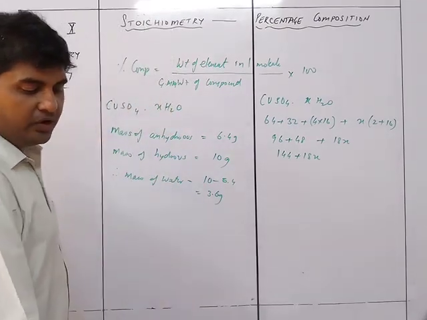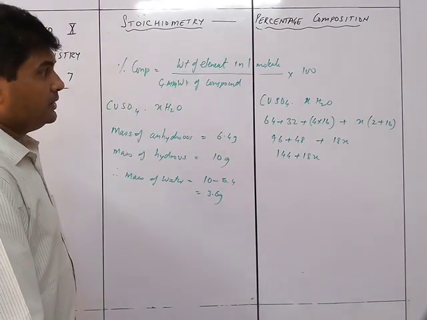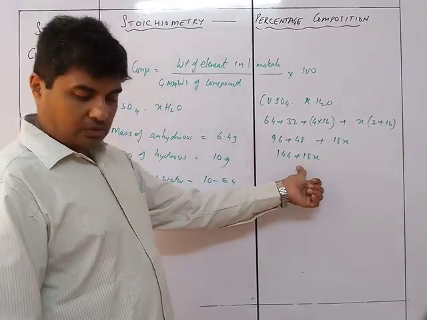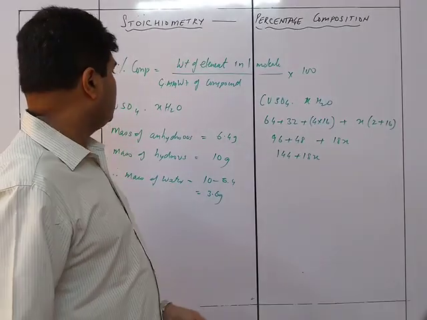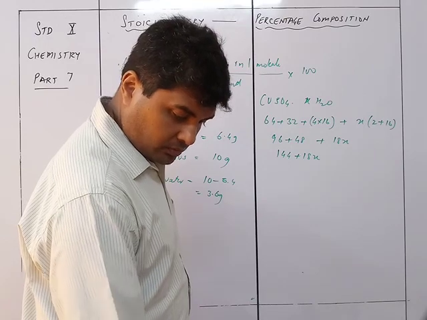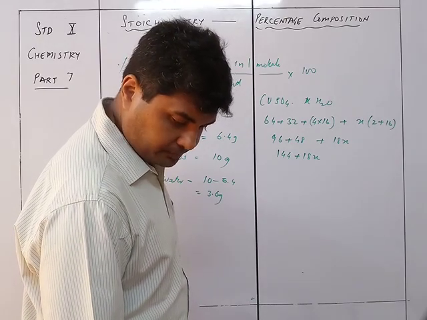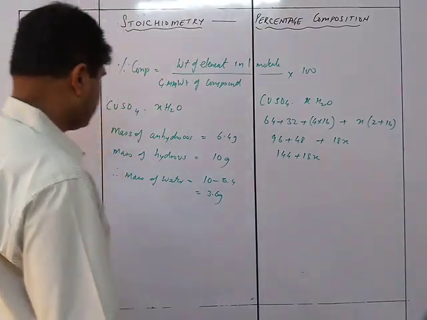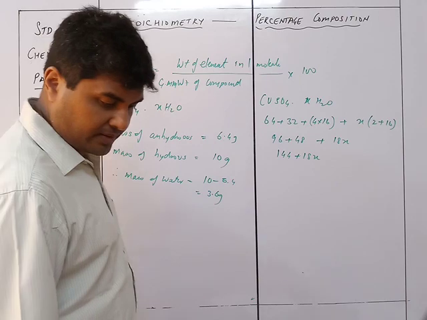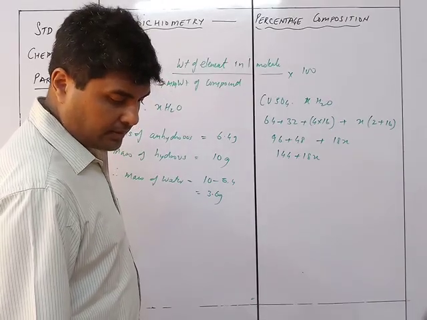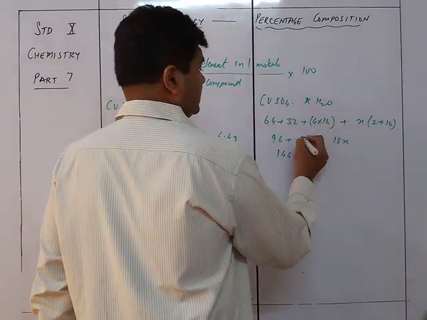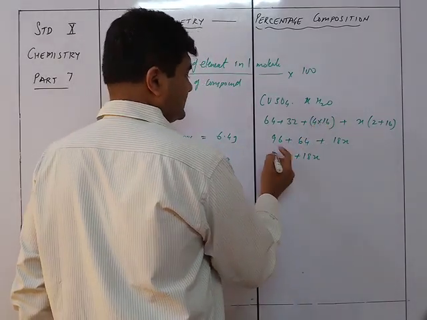Now we know that the percentage composition of water is 18x. Just a minute. This is the mass of anhydrous, CuSO4, which is 64 plus 32 plus 64, so that is 160.